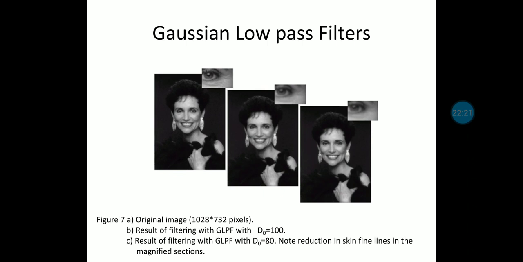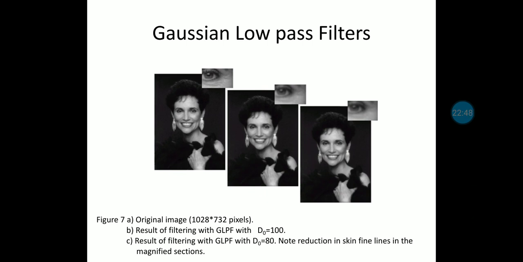The third figure is the result of filtering with the Gaussian low pass filter with D naught equal to 80. So we are able to see the difference between D naught equal to 100 and D naught equal to 80 for the given image.